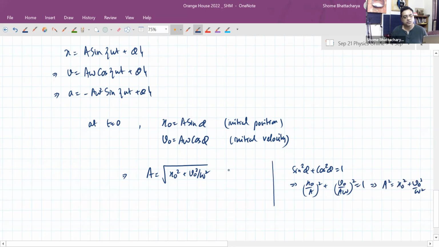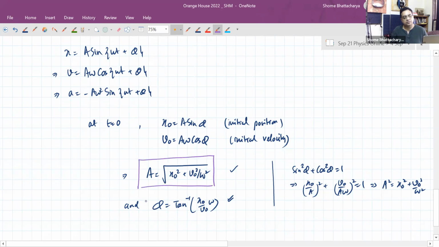So anyway, the important thing is the exact relationship, and the other is that phi, the phase constant, is tan inverse of x naught by v naught into omega. These two are extremely important relations here. That is the amplitude and the phase constant phi in terms of the initial conditions.